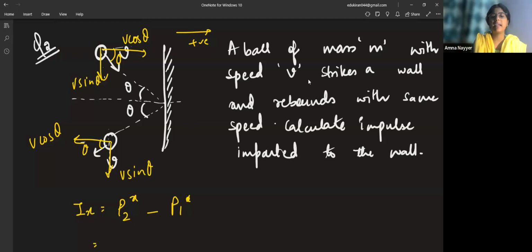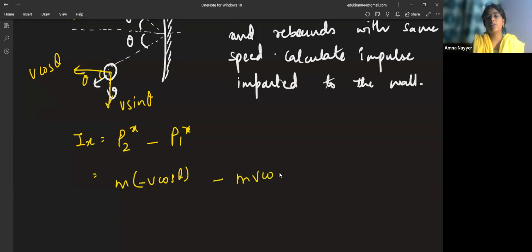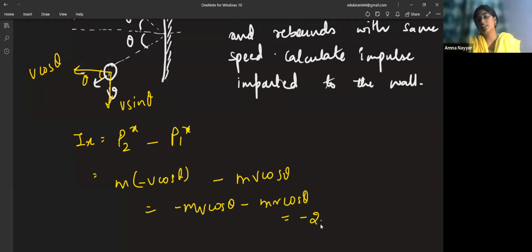So this will be minus v cos theta. This will become m times minus v cos theta, minus p1x, mv positive cos theta. So that makes it minus mv cos theta minus mv cos theta, that is minus 2 mv cos theta. This is impulse along x-axis.